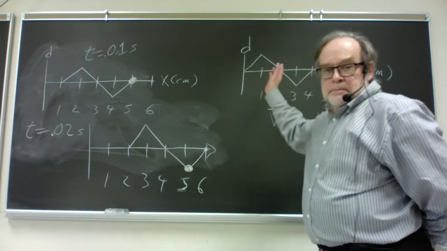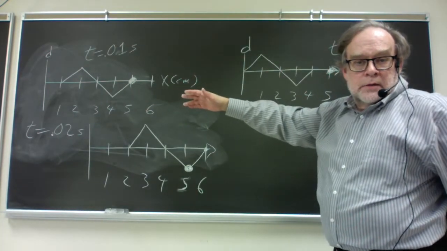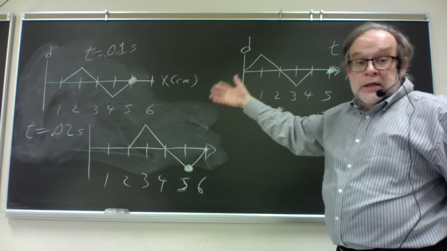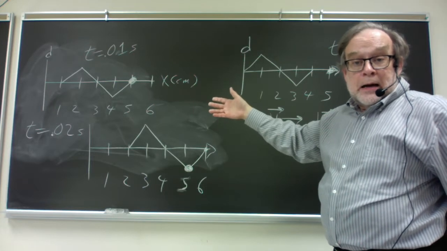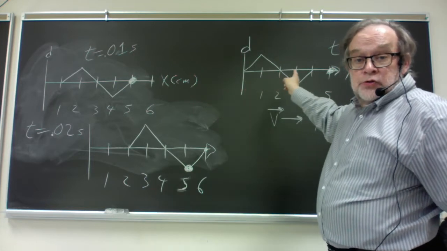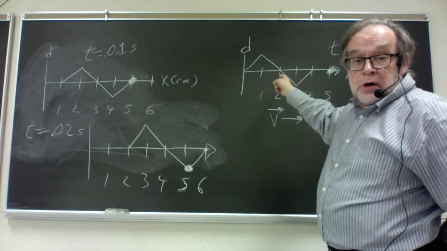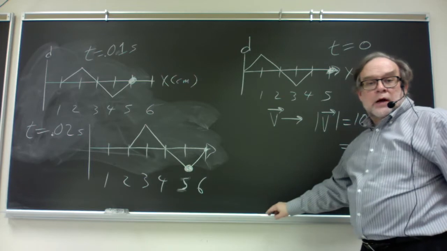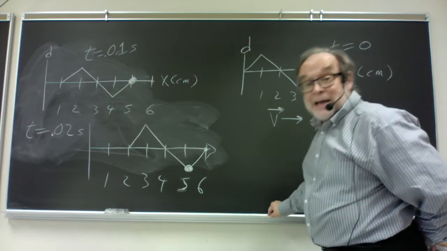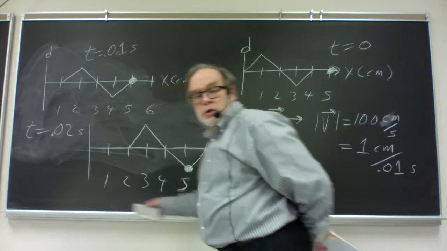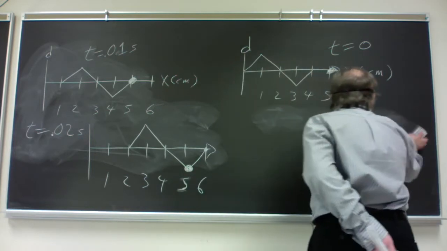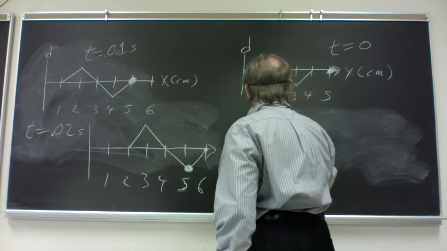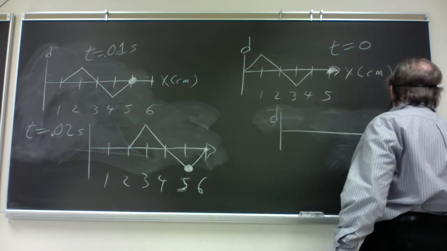So, by drawing a bunch of snapshot graphs for different times, you can easily see how the little bit of string, the little bit of mass at the 5 centimeter mark has been moving. And we can represent that motion on a graph of displacement versus time. So here's a history graph for the x = 5 point. Displacement versus time.